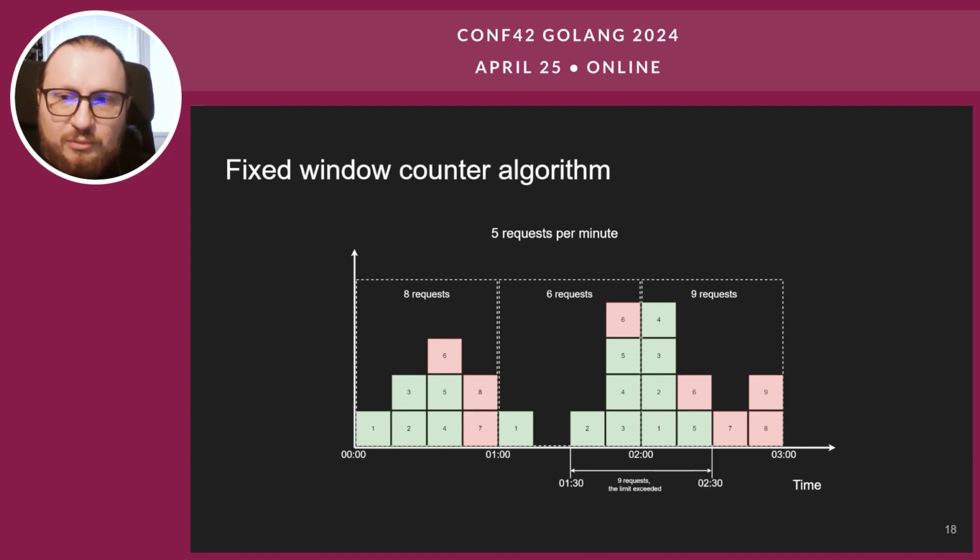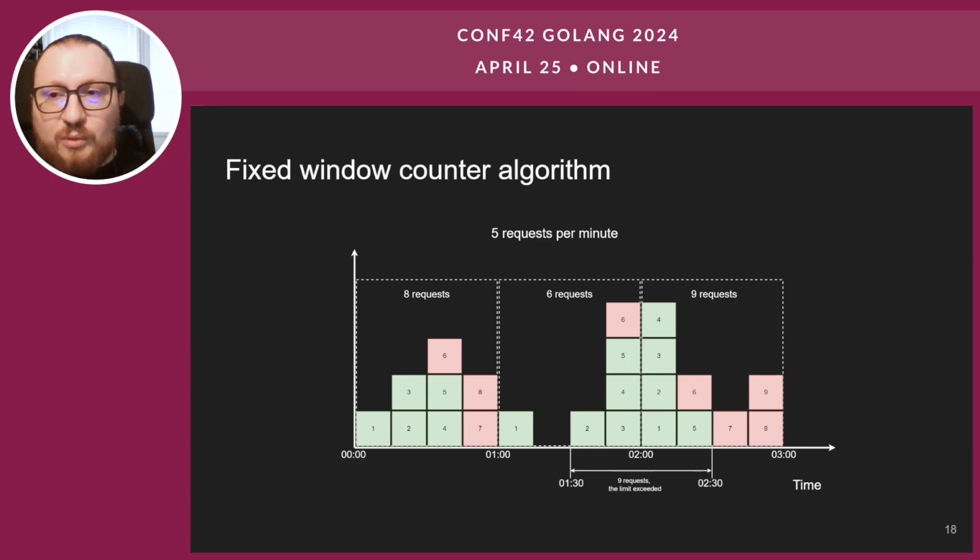Since the counter is reset when the new window is started, the rate limiter doesn't know how many requests were made in the previous window. It leads to some issues. For example, in this picture, the total number of requests per minute was more than 5, because requests burst at the end of the second window and the beginning of the third window.